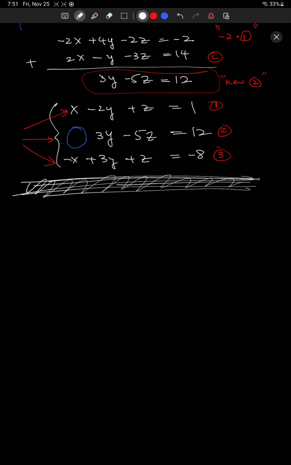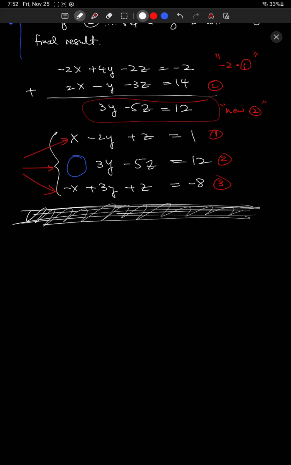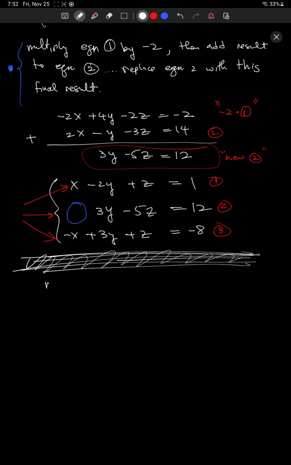We're using equation 1 to clear equation 3. And here, what do we multiply to equation 1? We don't have to multiply anything because we notice if we add equation 1 and equation 3, the x's will go away. All right, so I'm going to write this as: multiply equation 1 by 1, then add result to equation 3.